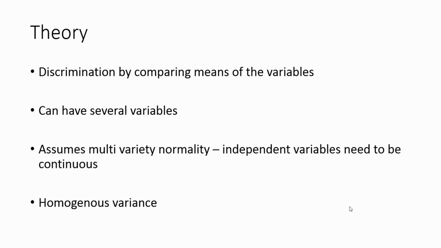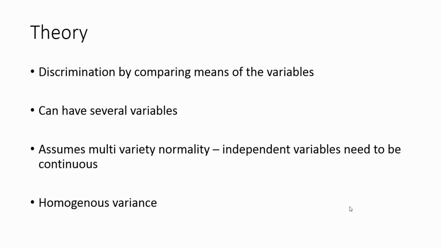One of the assumptions is that the variables that we are selecting, or the information that we are selecting, which will help us segregating the categories, should be normally distributed. So the independent variables should be normally distributed, and you know that to be distributed normally, the variable should be a continuous variable.